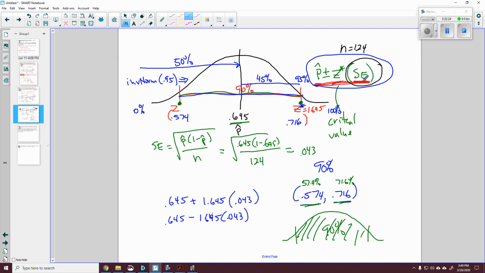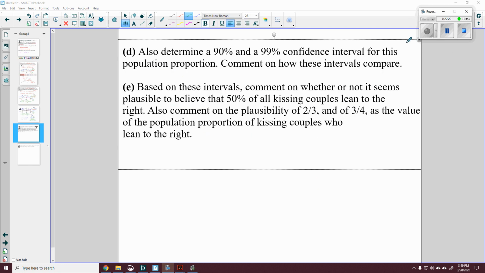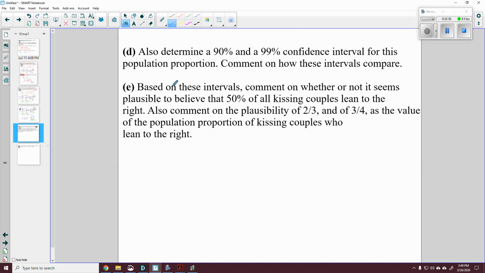So if I go back to part E, it's asking me, based on these intervals, does it seem plausible to believe that half of all kissing couples lean to the right?